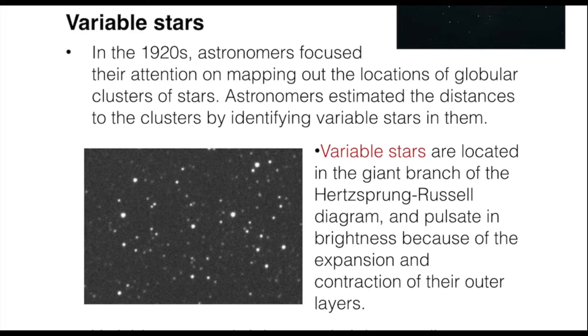The variable stars that we're looking at are in the giants. If you remember the HR diagram, the upper right of the HR diagram had stars that were very cool, so they were red in color, but they were very, very bright. And some of these pulsate because they are working harder to burn bigger and bigger elements, to fuse them together into new elements.